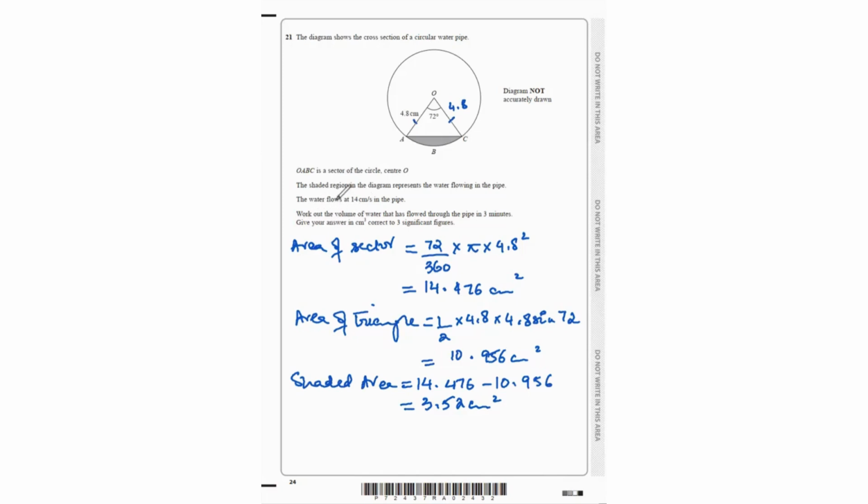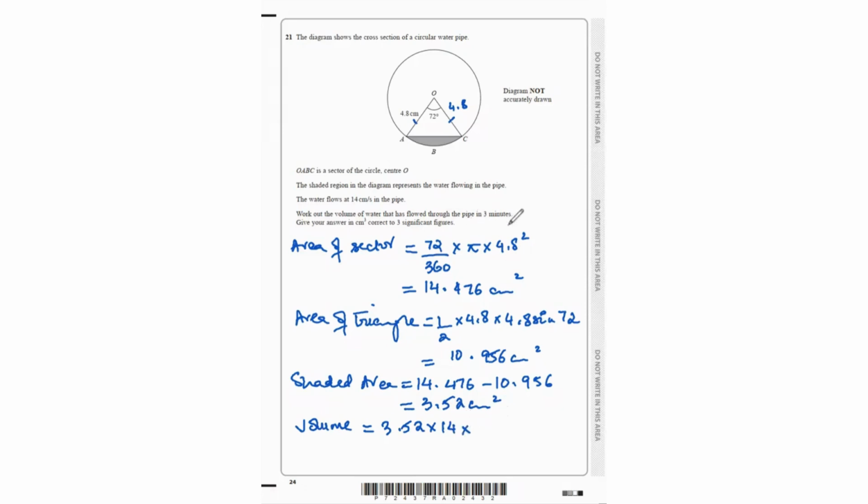Now it said that the water flows at 14 centimeters per second in the pipe. Work out the volume of the water that has flowed through the pipe in 3 minutes. So for 1 second, it's flowing 14 centimeters. So for the volume, we will multiply the shaded area with the flow of the water per second.